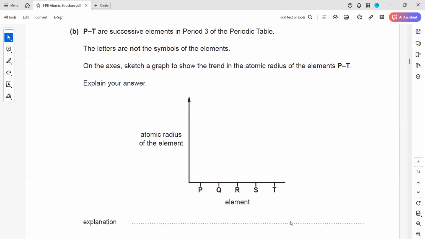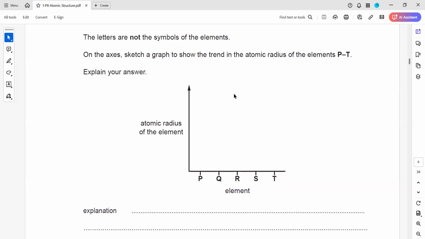Usually in the same group, the ionization energy will increase. Because the first one will have a lower ionization energy than the second.